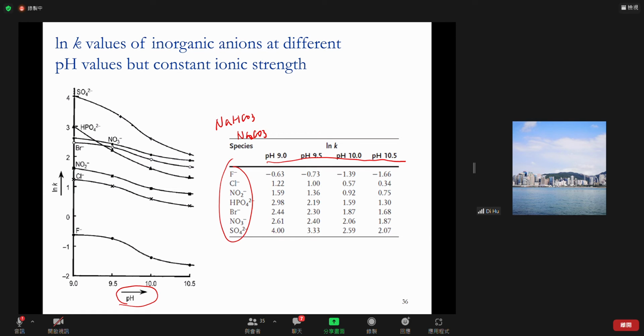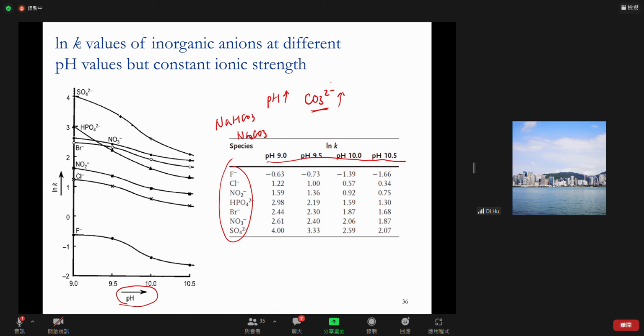When the pH increases in this buffer solution, which ion will be more? The carbonate ion will be more, right? So bicarbonate, carbonate: there's an equilibrium that switches toward the carbonate ion, and you'll have stronger elution power than bicarbonate ion, right?